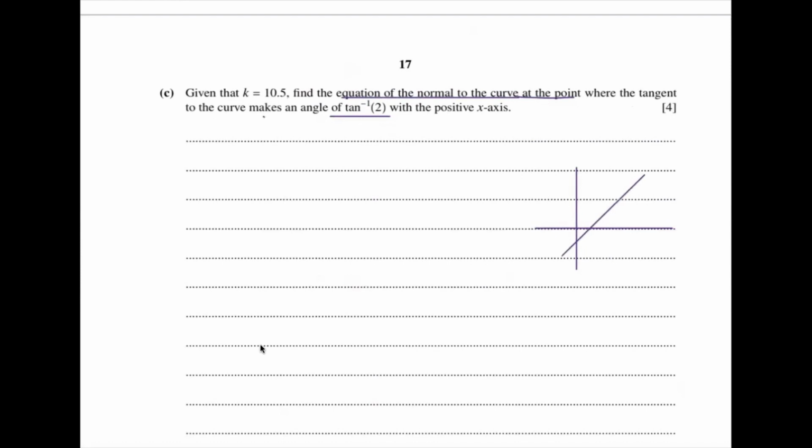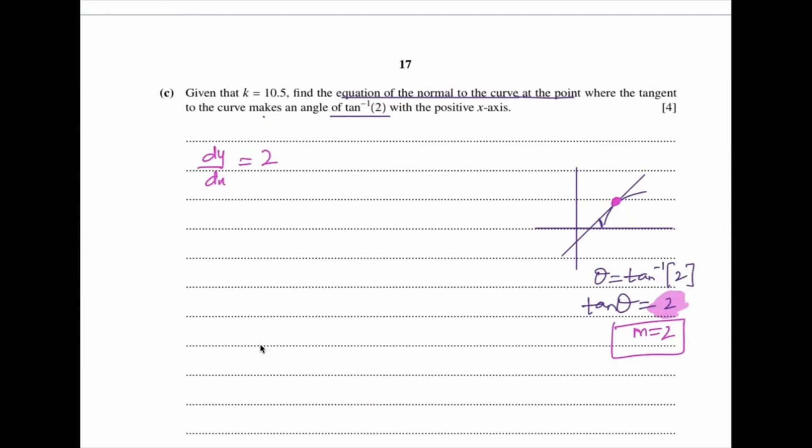Let's say this is the tangent line to the curve, whatever the curve is. This tangent line makes an angle of tangent inverse of 2. So if the angle is tangent inverse of 2, then tangent theta would be equals to 2, which means that the gradient is 2. Gradient of the tangent line is 2, which means that the value of dy by dx is 2. dy by dx is 2.